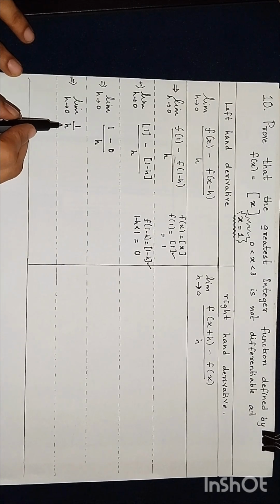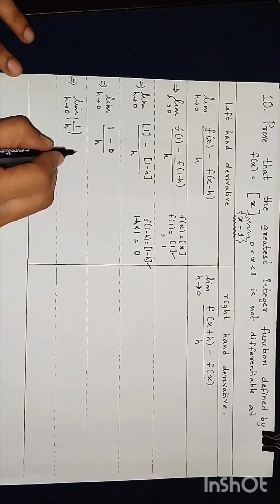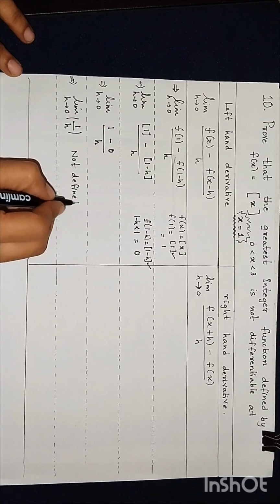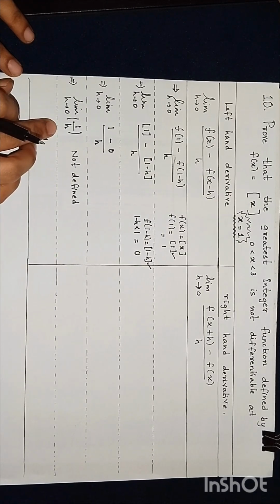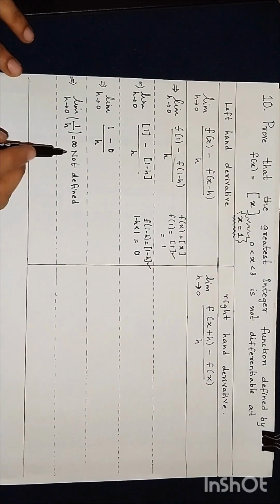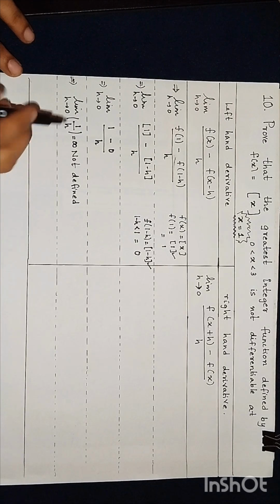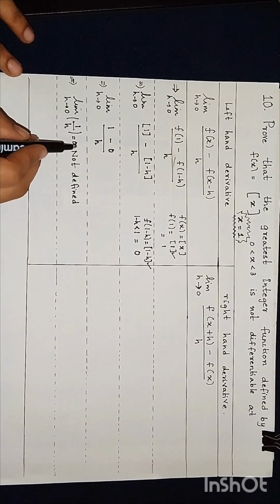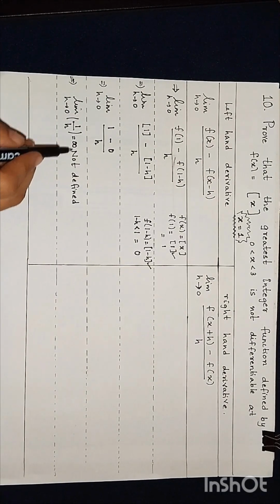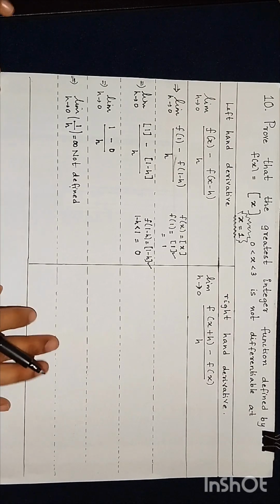As h approaches 0, the function will be not defined, or we can say undefined. So we will write not defined. That means the limit does not exist at this point, because this will be equal to infinity. When h approaches 0, it will increase to infinity. So we will write not defined.